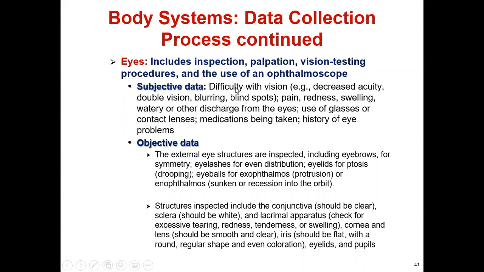Sometimes the patient complains of difficulty of vision, meaning decreased visual acuity. So as a healthcare provider, when you check your patient's vision or visual acuity, we should use the Snellen chart.